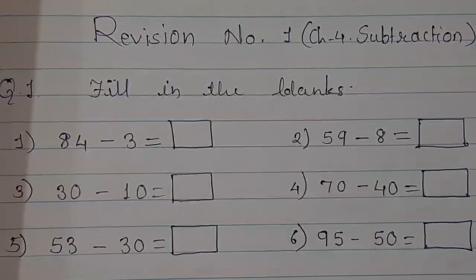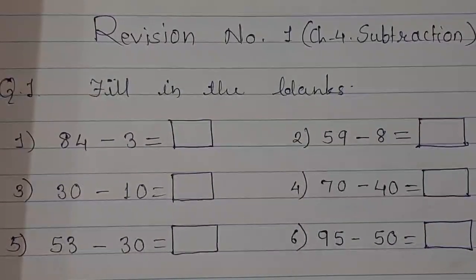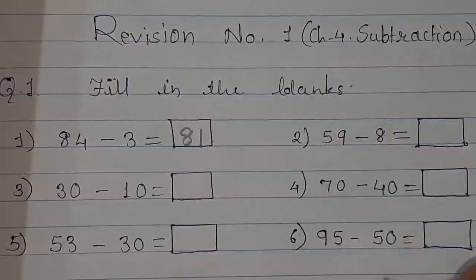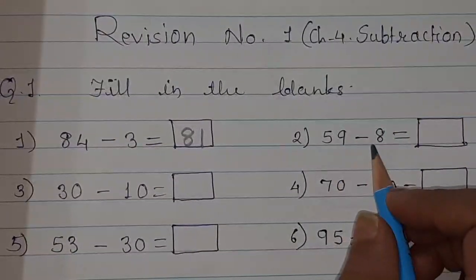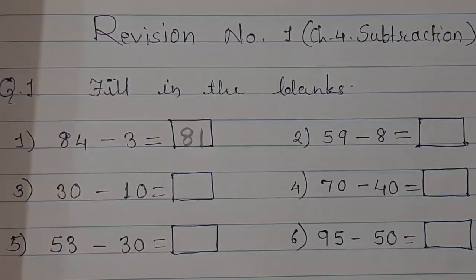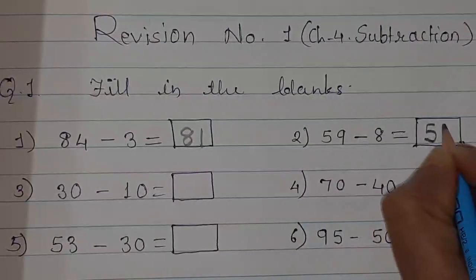Backward 3 numbers we have to count here. 83, 82 and 81. So here our answer is 81. Next one 59 minus 8. Count backward 8 numbers. 58, 57, 56, 55, 54, 53, 52 and 51. So here is your answer 51.